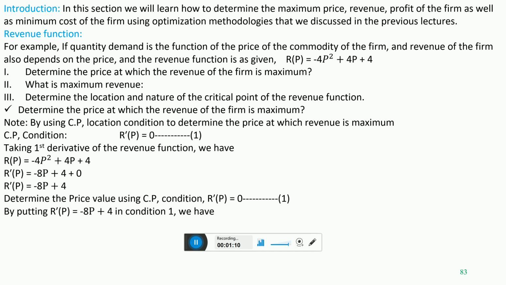We learn the optimization methodology, concavity of the graph, location of inflection point, the concept of maxima and minima like critical points. And we learn the first derivative test and second derivative test to identify the maximum value of the function or minimum value of the function.